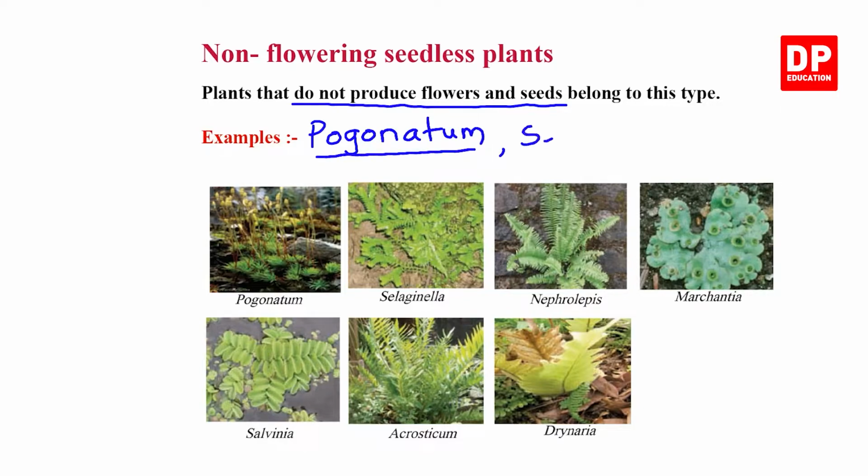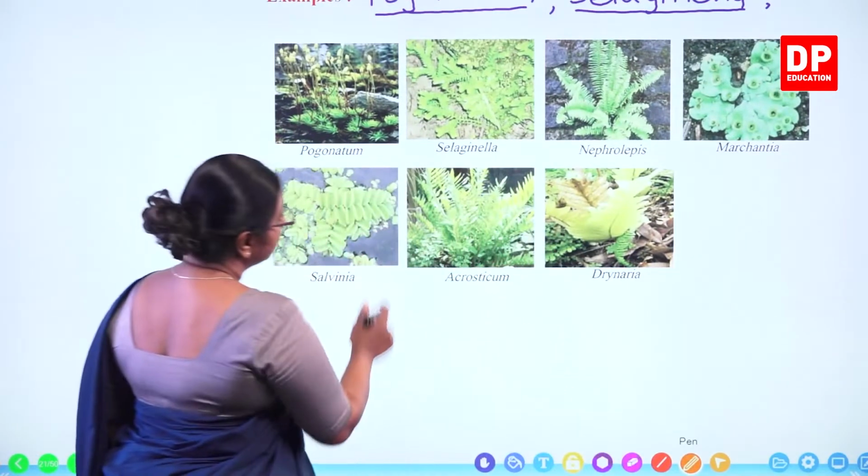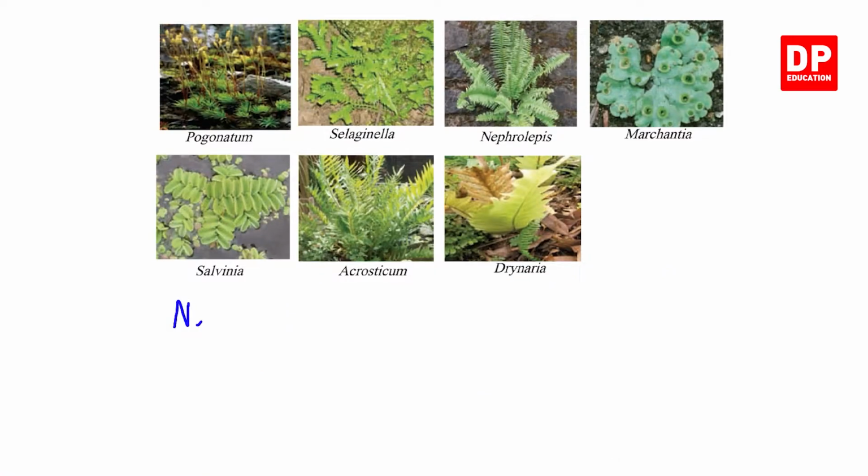Then there is Selaginella. That also needs to be underlined. Then I'll write the rest of the names below the pictures. So here we have Nephrolepis. You will need to remember all these names. If you're asked to write the examples, you have to write them.